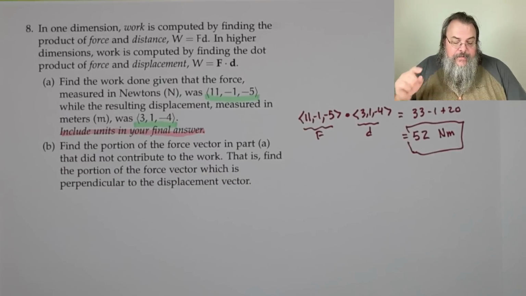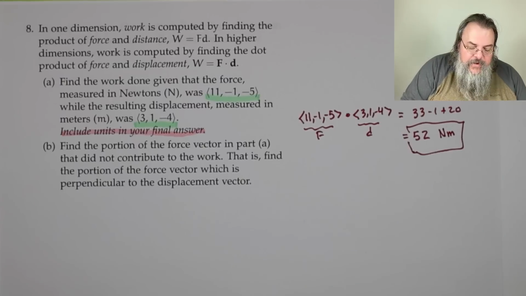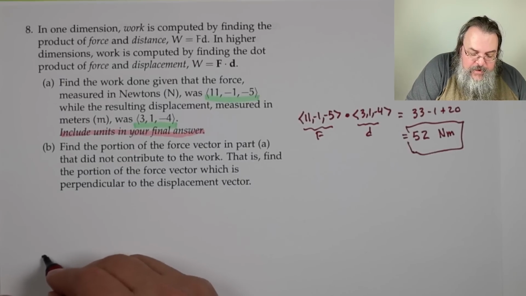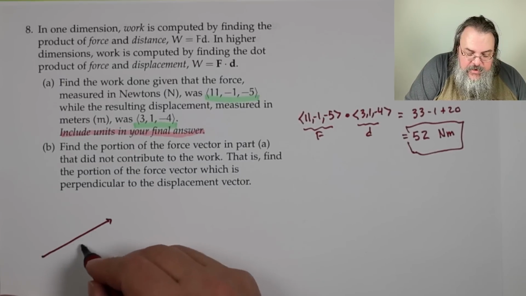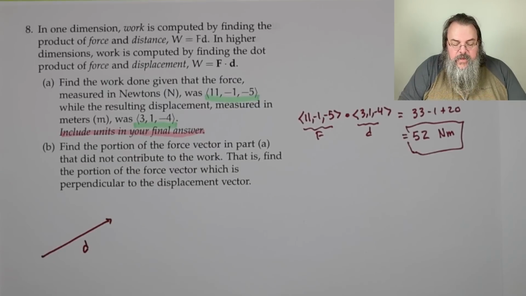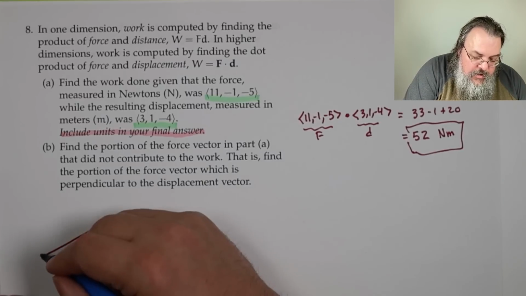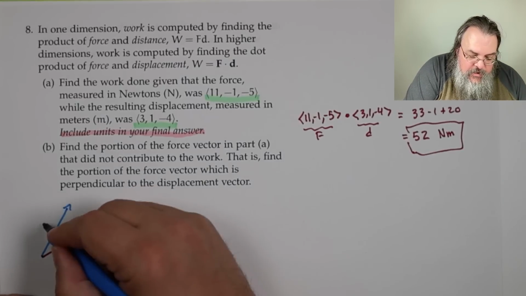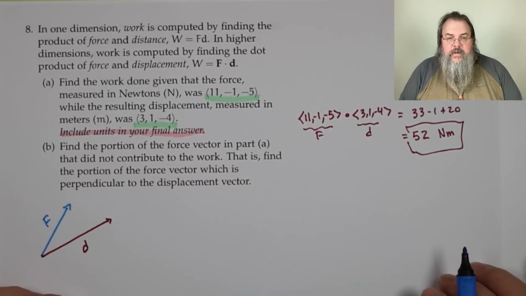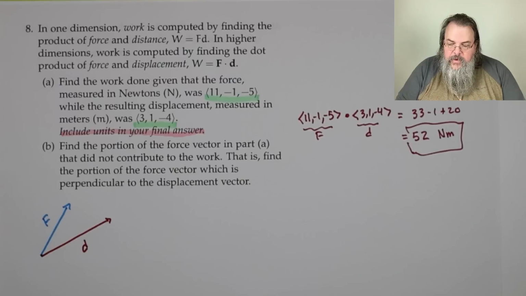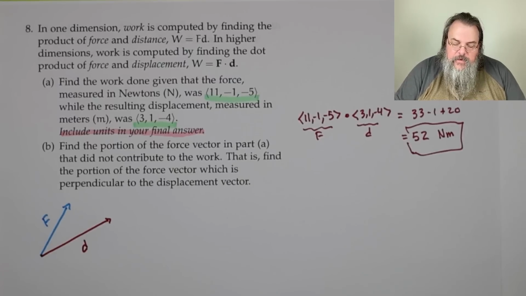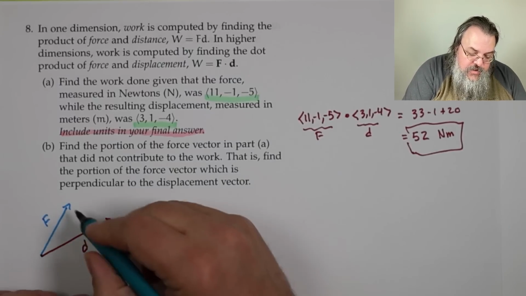Okay, so the picture. What do we have here? Well, we have a displacement vector. So here's our displacement vector D. And then we have our force vector. And okay, so we'll draw that. Here's our force vector F. And now, what's going on? Well, what's going on is we can really split force into two parts.